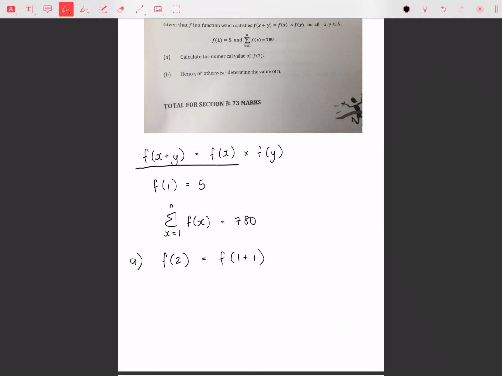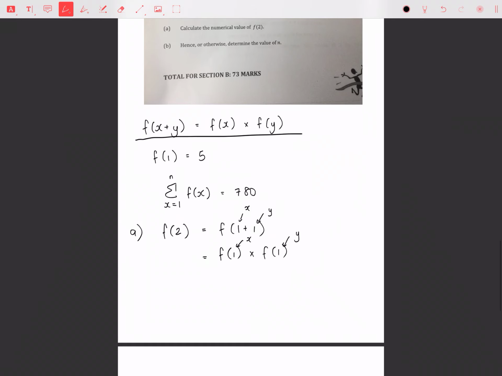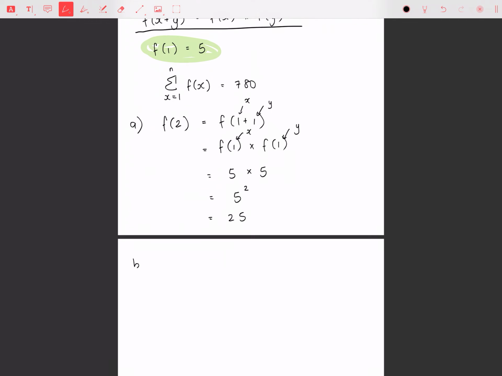Because of this, we can multiply those two, because that is our x and that is our y, which means that's our f of x and that's our f of y multiplied together. And then using this bit of information, that is 5 times 5, which is 5 squared, which is 25. So that's answering the first bit.